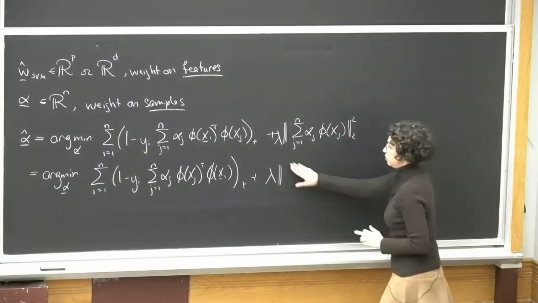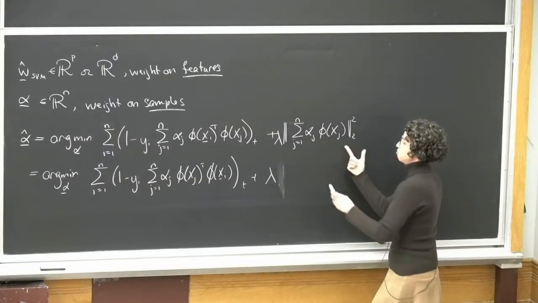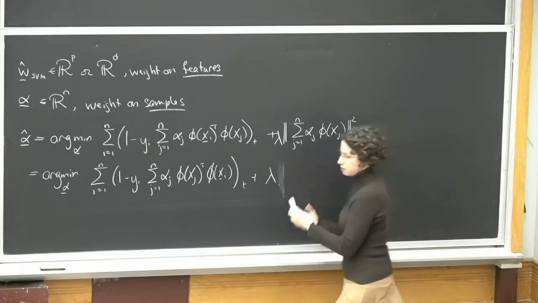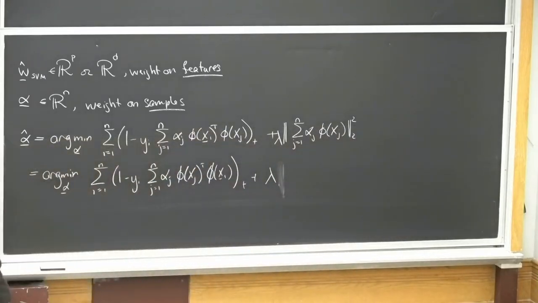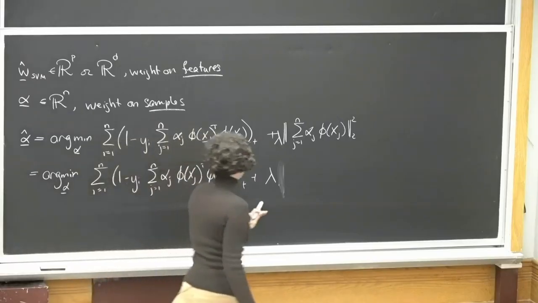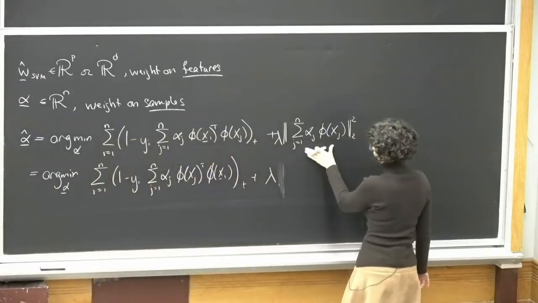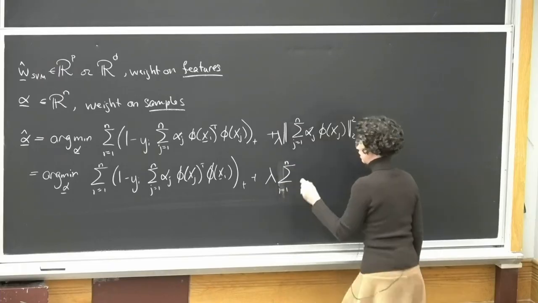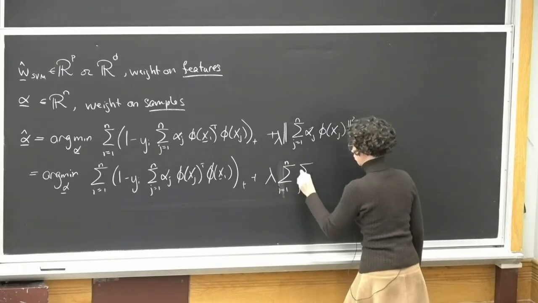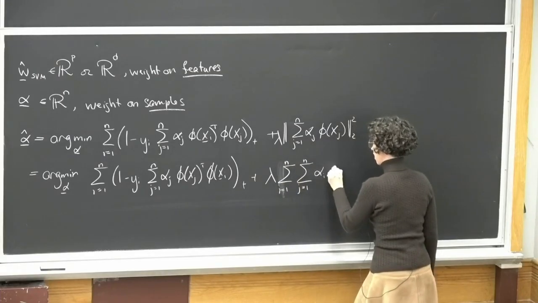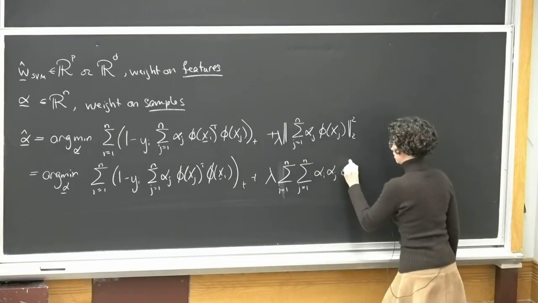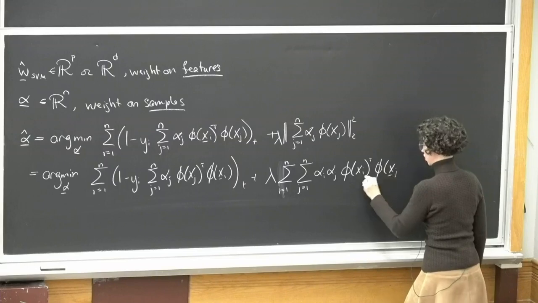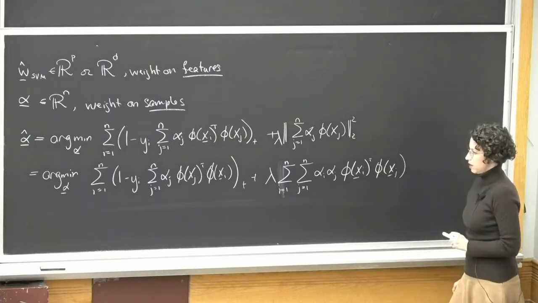And so now what I want to do is note that within here, I'm computing a bunch of different inner products. And so I can rewrite this 2 norm squared as the sum from i equals 1 to n, sum j equals 1 to n, alpha_i alpha_j times phi of x_i transpose phi of x_j.